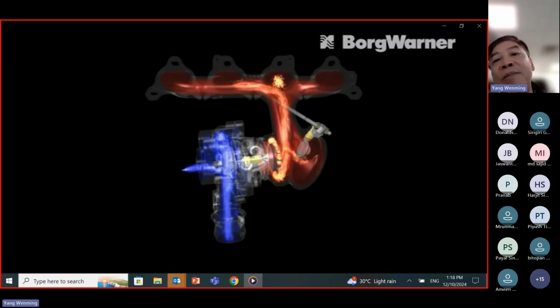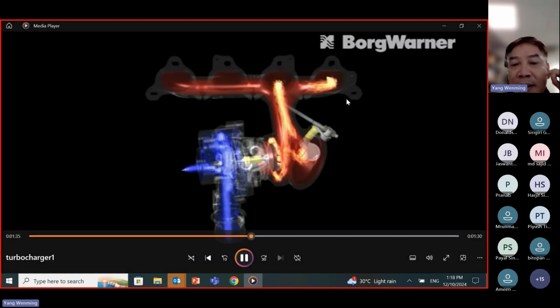By this way, this is a turbocharger. So we can supply more fresh air into the engine, and thereby the engine is able to produce more power, correct? And it can also increase the efficiency by this design. Here we'll show you how this turbocharger works.